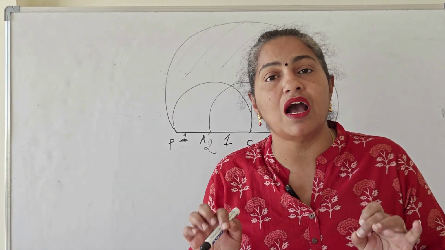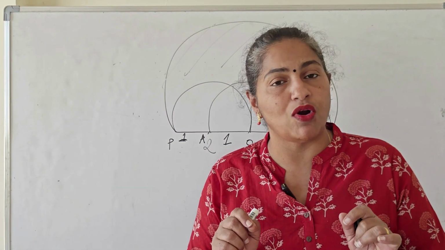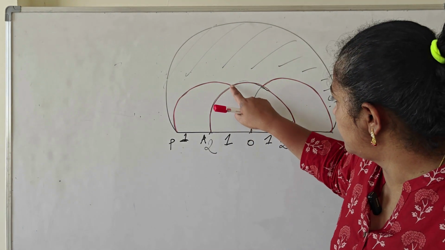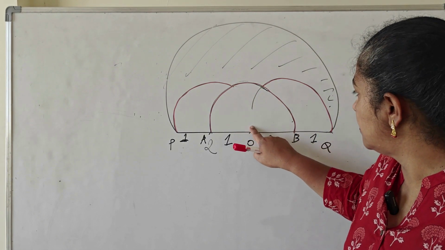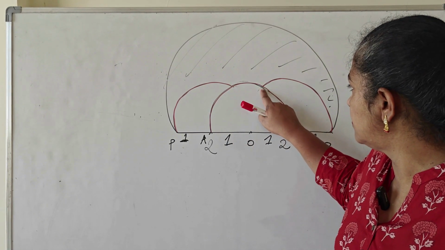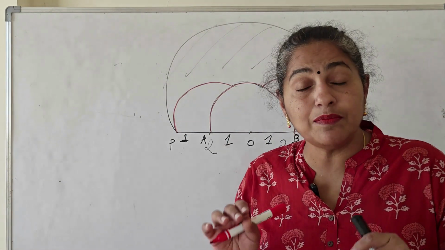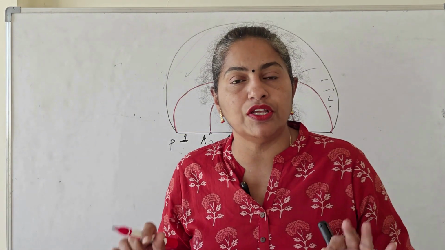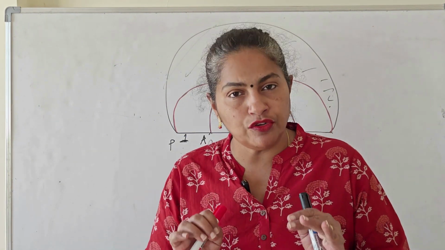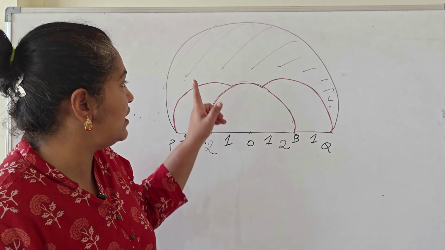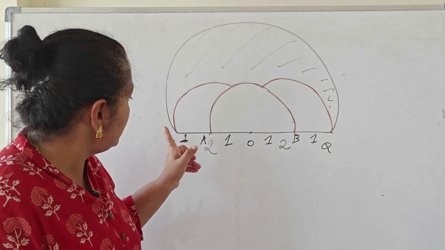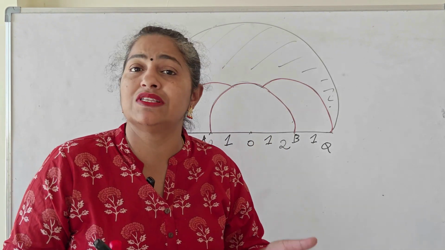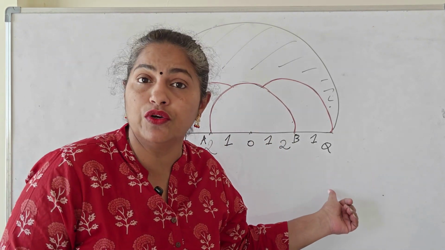Now let us see how we can break down this sum into smaller parts. In the diagram that is given to you, that part is not shown, it is erased. So this is the diagram that is given to you in the question. Now in order to find the area of the shaded region, which is this region, you know that the area of the bigger circle we can find very easily by using the radius, which is 2 units.